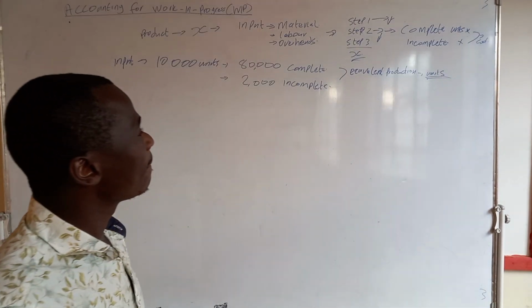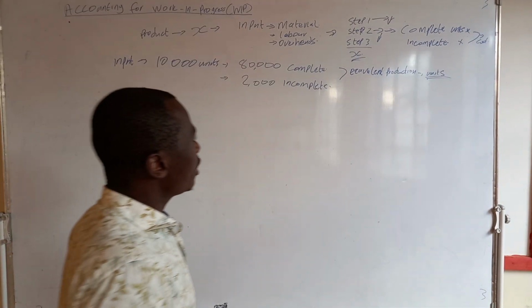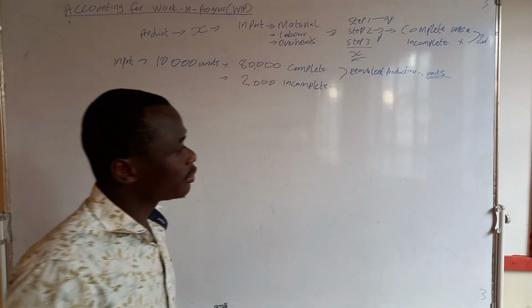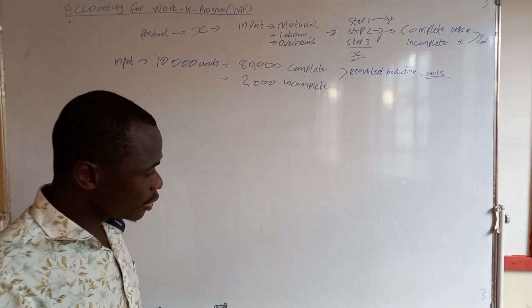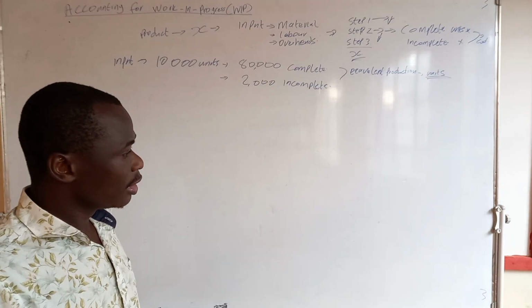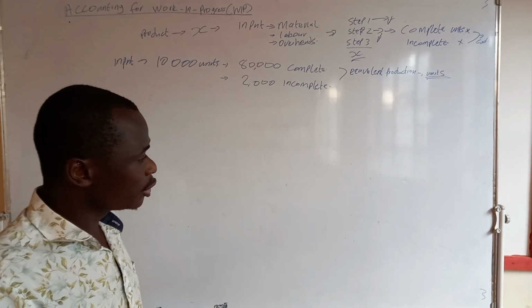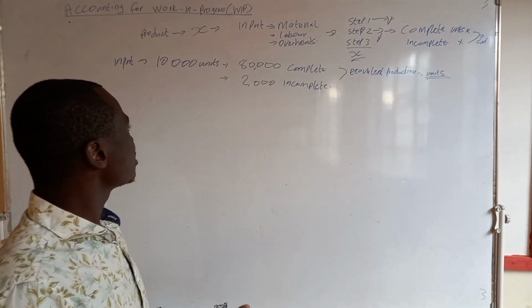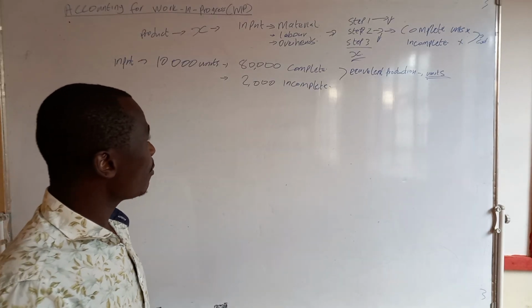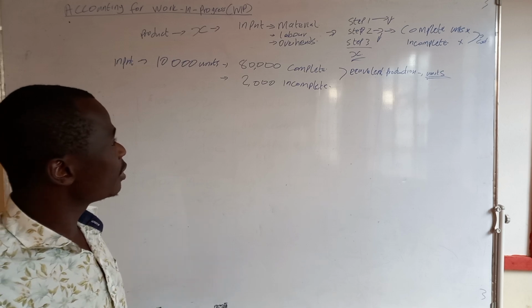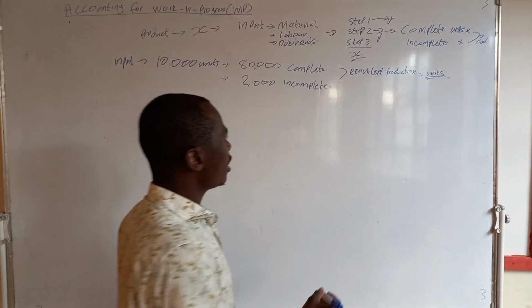And here, to get that equivalent unit, you are going to introduce the percentage, the level of completion a product has reached. For example, the 8,000 are fully complete, so they are 100%.